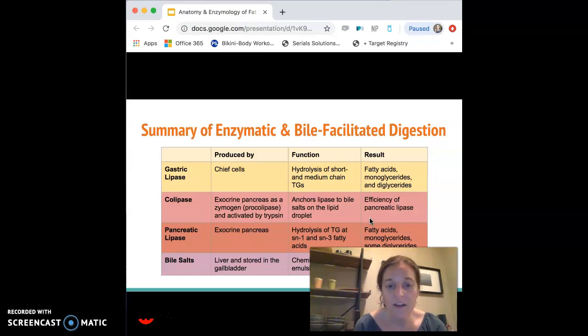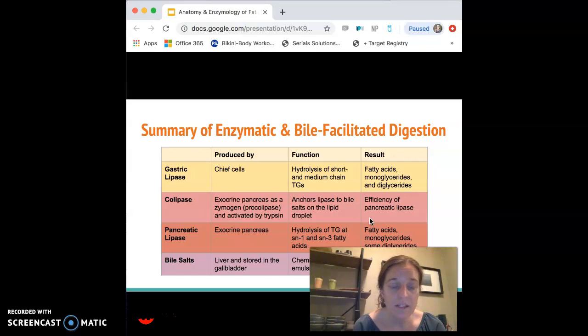As a result, we have an increased surface area for the digestive enzymes to work and to enhance the digestion of dietary fats. Next, these two enzymes that are involved include colipase and pancreatic lipase.